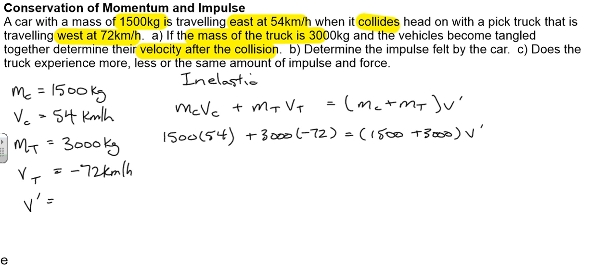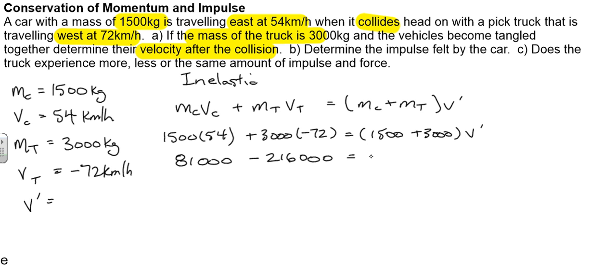So if I crunch some numbers here, at this point you can put it all in your calculator. If you're good, that's no problem. Multiply these two numbers plus these two numbers, divided by 4,500. Or if you need to see another step, these two numbers multiplied together give me 81,000. These two numbers multiplied together give me negative 216,000.